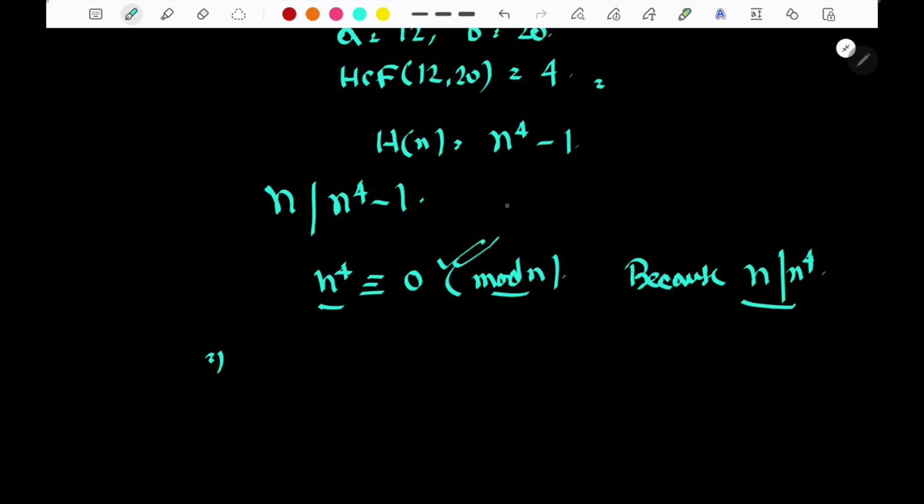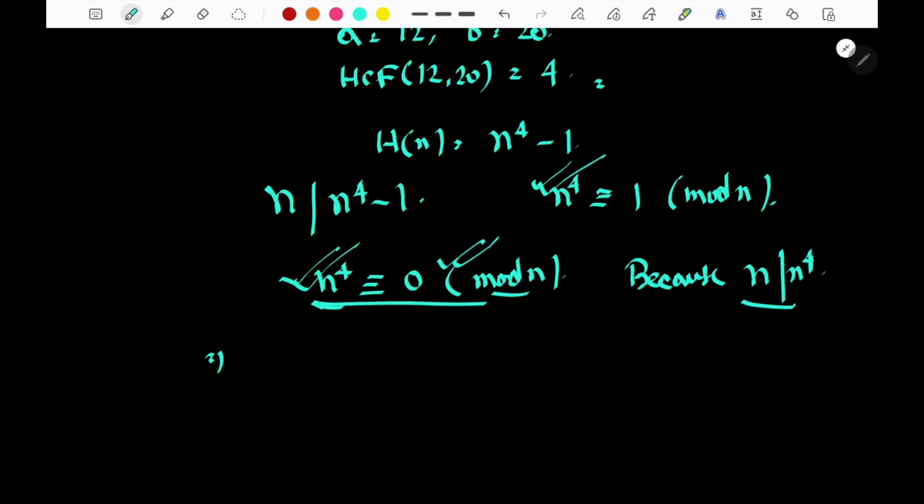But what we require is that n divides n to the power 4 minus 1. It means n to the power 4 is congruent to 1 mod n, that we require.